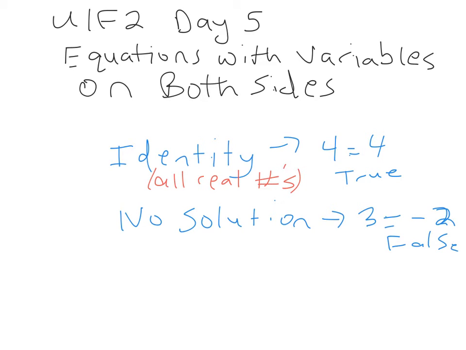So because it's false, it's no solution. And of course, our last thing that can happen is that you have a solution, like all of our other equations, and that's just if it's like x equals 0, for instance. So those are the three possible cases that can happen.